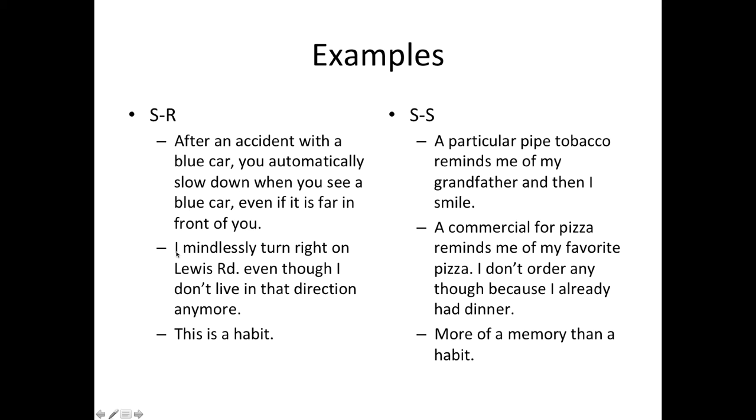Another S-R association might be if I mindlessly turn right on Lewis Road, even though I don't live in that direction anymore. These are things that we consider habits. Stimulus-stimulus associations might look more like this. A particular pipe tobacco reminds me of my grandfather, and then I smile. Or a commercial for pizza reminds me of my favorite pizza. I don't order any though, because I already had dinner. In other words, I don't have to react. It's more of a memory than a habit.